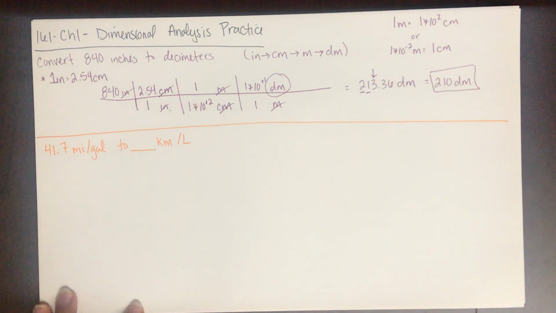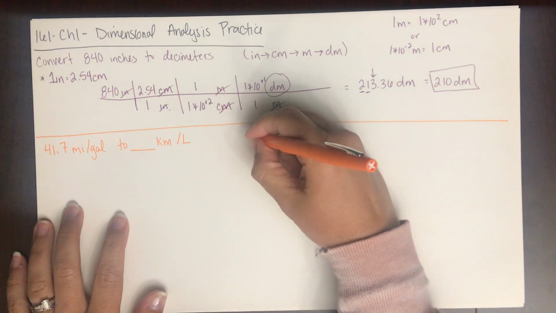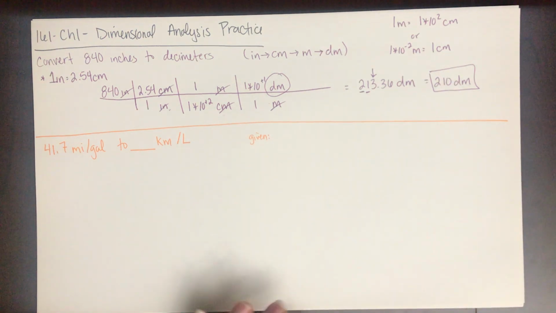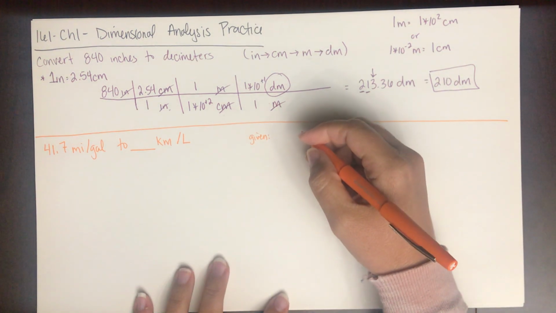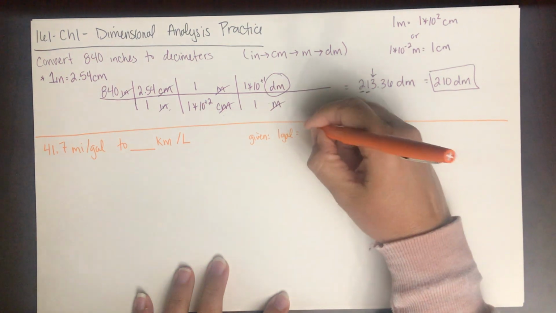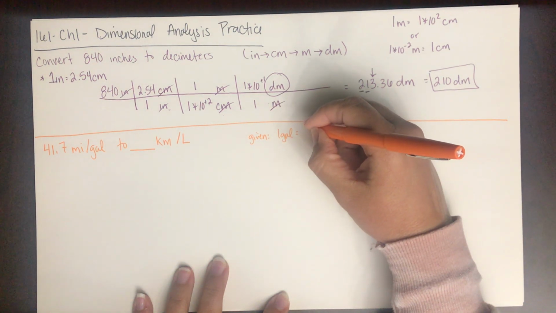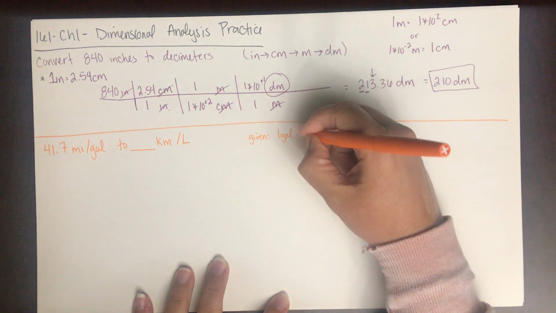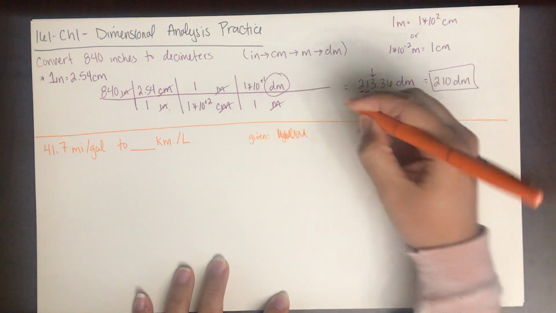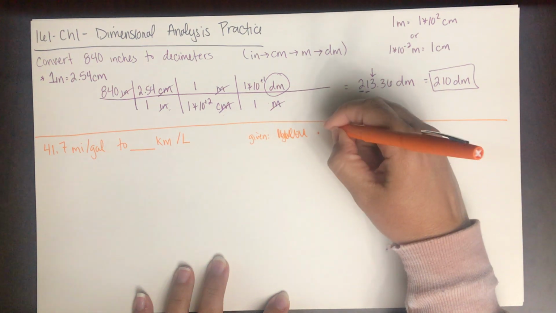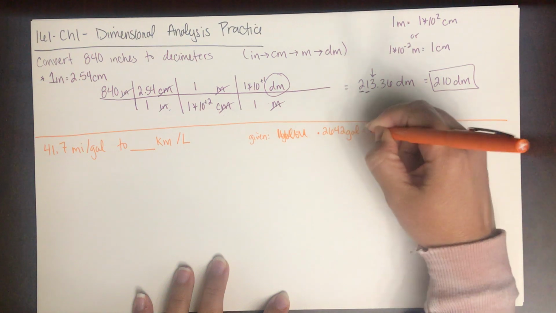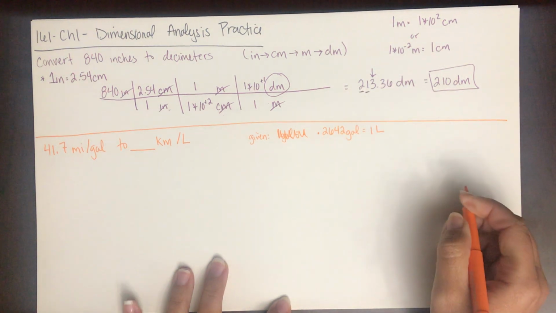I would give you some of this information, either given in a table or in the question. I would tell you that 1 gallon equals... 0.2642 gallons is 1 liter.